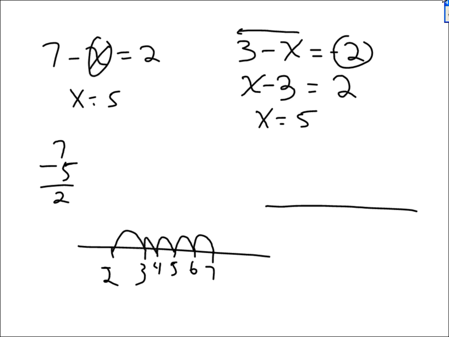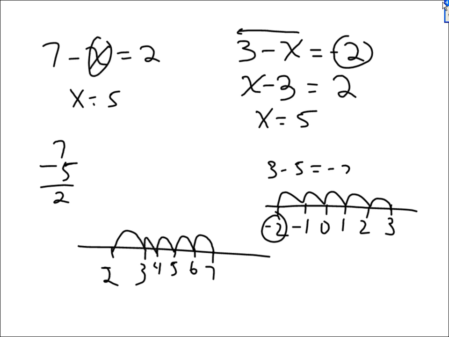And to convince yourself of that, see how much you have to take away to get to negative 2. You're at 3 and you take away 1, 2, 3, 4, 5. And what do you know? You get negative 2. That's what x is. X is not negative 5. X is a number that came after the minus sign.